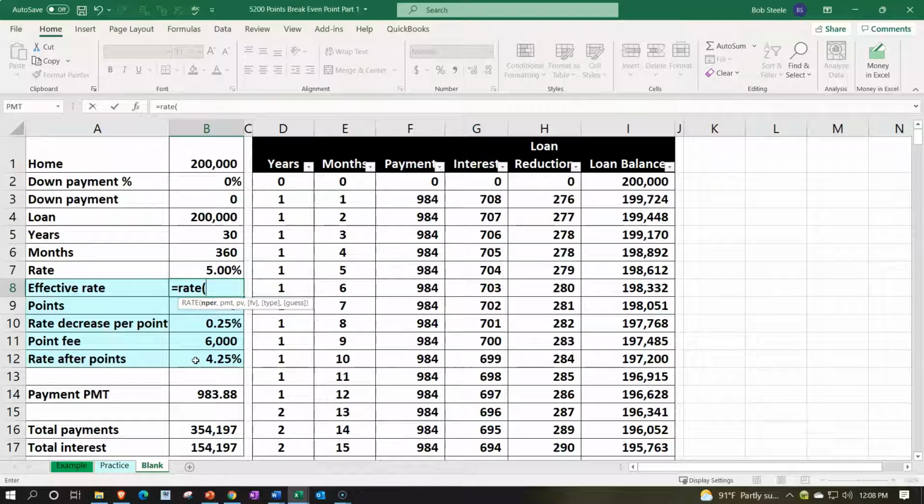The number of periods is going to be 360, comma. The payment is going to be this payment down here, calculated at the 983.88. And that needs to be negative, by the way, negative 983.88. And then comma, and the present value is going to be the loan amount minus the 6,000.